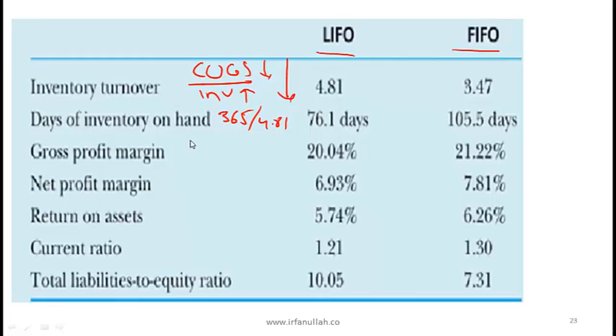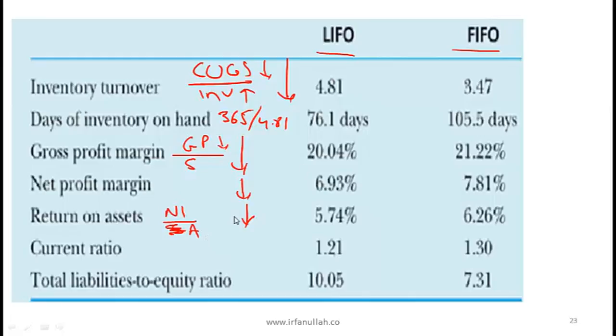Gross profit margin is your gross profit divided by sales. Now with LIFO, your gross profit is lower. So as you would expect, the gross profit margin is lower for LIFO. Net profit margin is also lower for the same reason. Return on assets is interesting. Assets are lower.